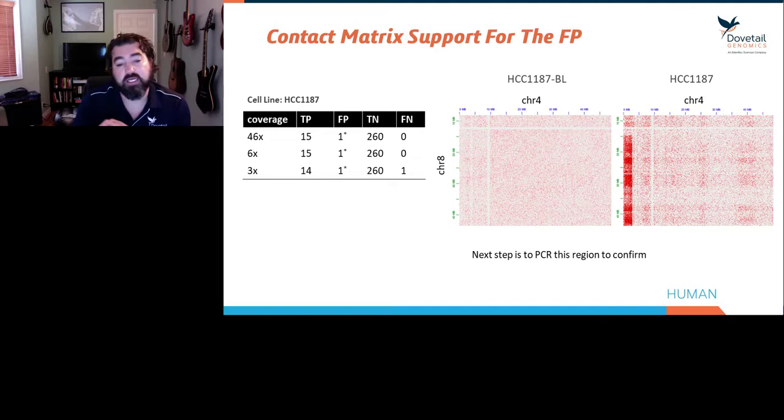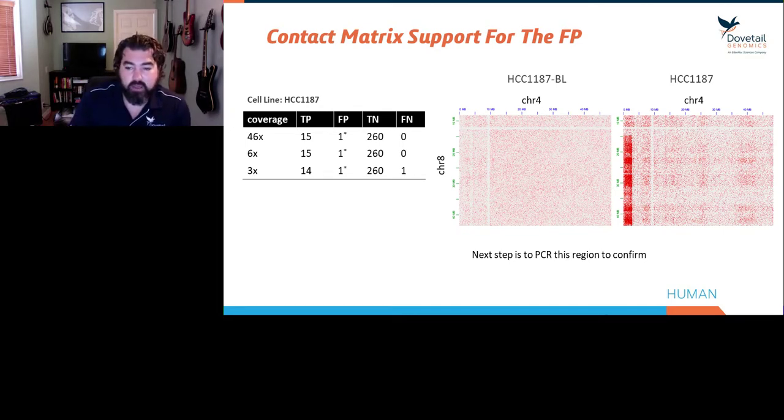And we're plotting the contacts between chromosome 4 and chromosome 8 on the y-axis. And then the one next to that is the HCC 1187 cancerous line. And as you can see in the control line, there is really no bright spot here in the contact matrix. It all looks like background noise.